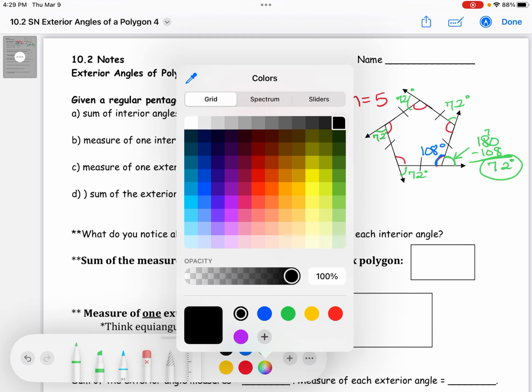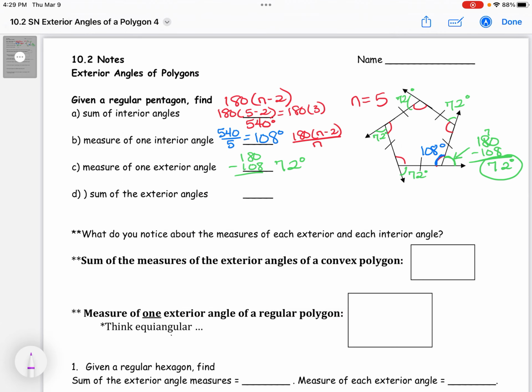Okay. Then finally, if we want to do all the exterior angles, each one is 72, and there are 5 of them, and that's going to equal 360. So all the exterior angles, when you add them together, make 360.